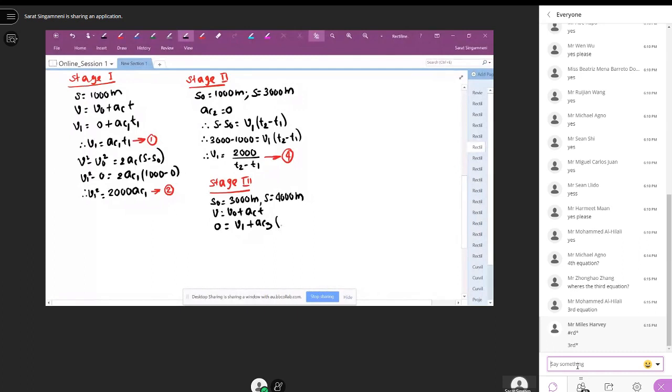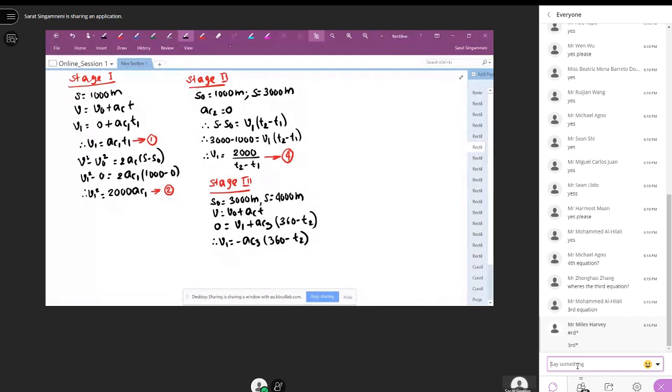The total time is given as 360, so 360 minus T2 is the time duration for this period. From this, V1 is equal to minus AC3 times 360 minus T2.